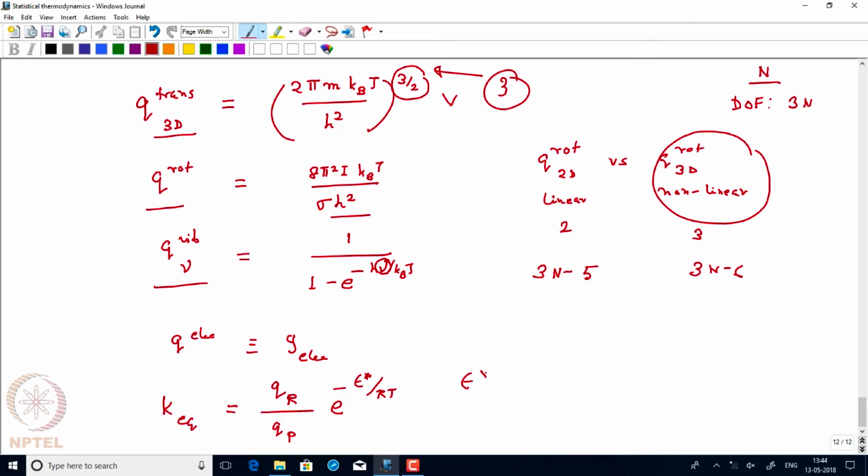Some textbooks write it as delta E0. So the delta denotes a difference in energies, and 0 says that it is the difference in the zero point energies.